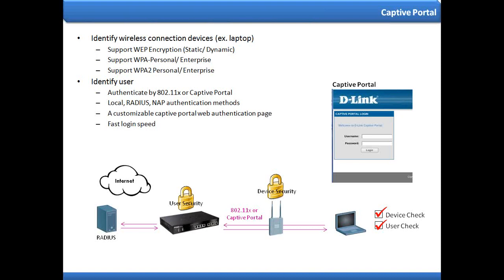So it adds a second layer of security onto the network for either guest users or local users on the network. Once it's authenticated, then the user is allowed to get internet access.